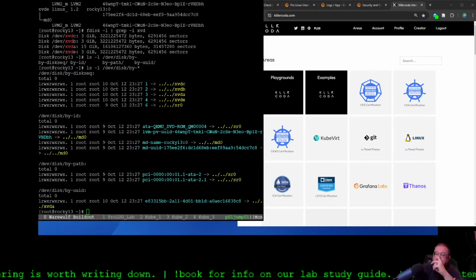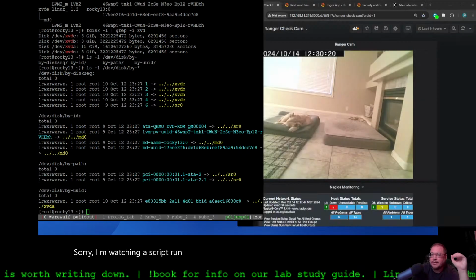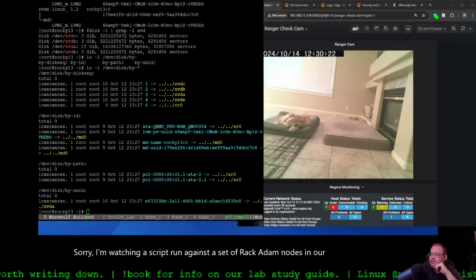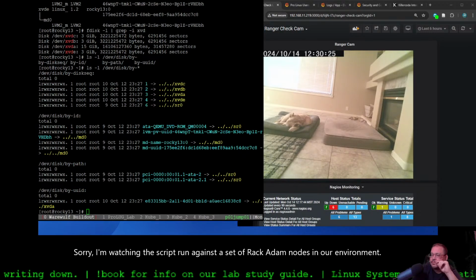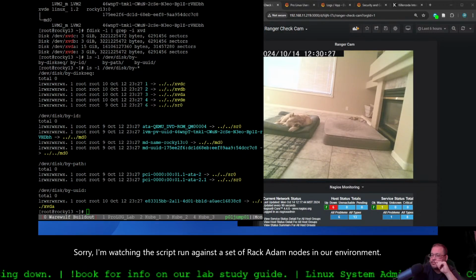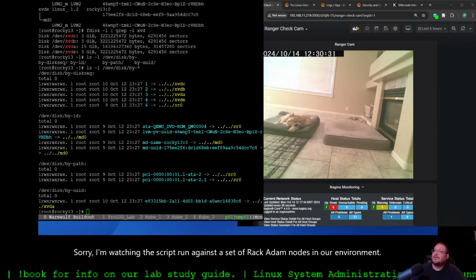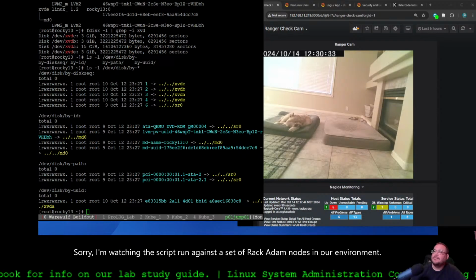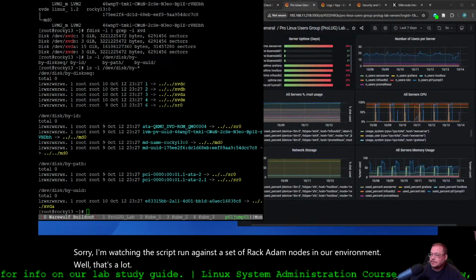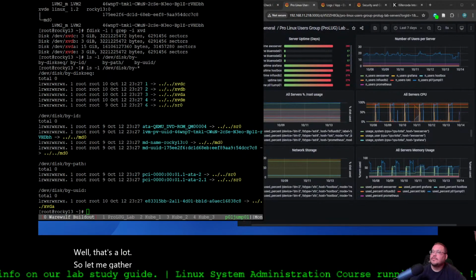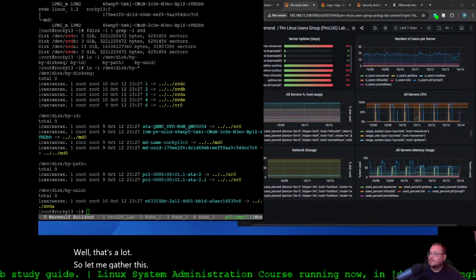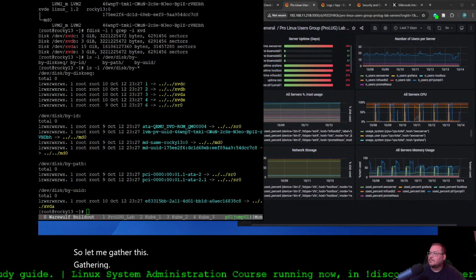Sorry, I'm watching a script run against a set of rack atom nodes in our environment. Wow, that's a lot. So, let me gather this. Gathering TSR data.